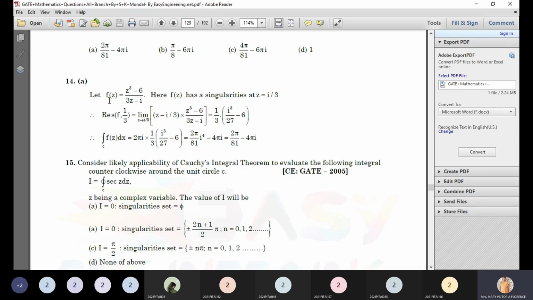Taking the function f(z) equal to (z cube minus 6) by (3z minus i). Here f(z) has a singularity at z equal to i by 3. Now the residue of f at i by 3 equals the limit as z tends to i by 3 of (z minus i by 3) into f(z). Substituting f(z), (z cube minus 6) by (3z minus i), it is equal to 1 by 3 into (i cube by 27 minus 6).